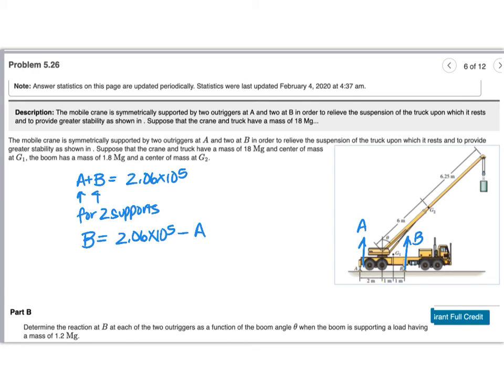And then to find N sub B, which is for one support, that would just be taking our answer we got for B and dividing it by 2.